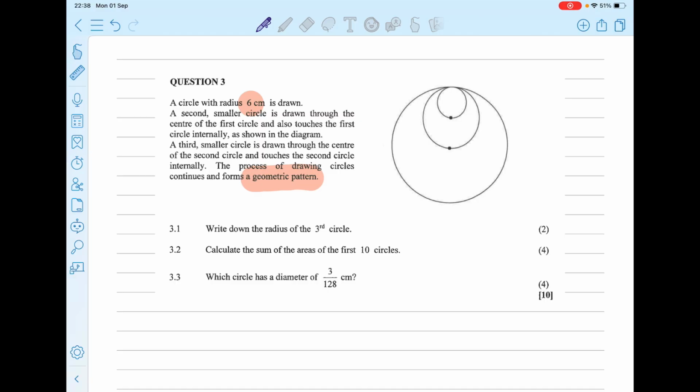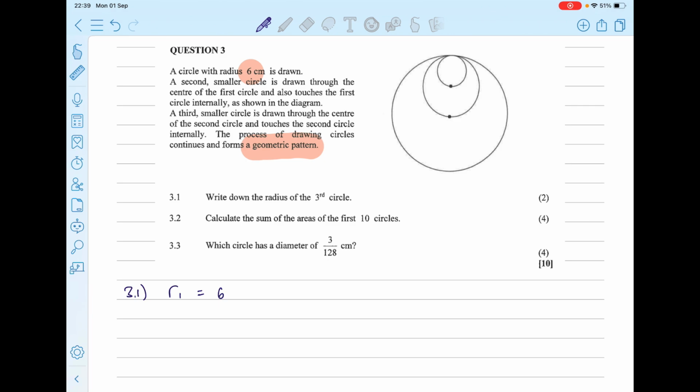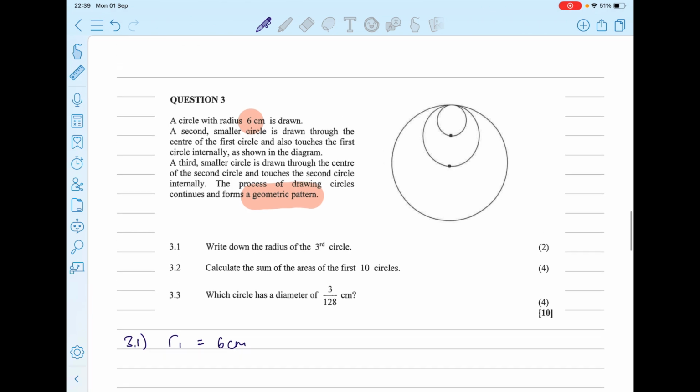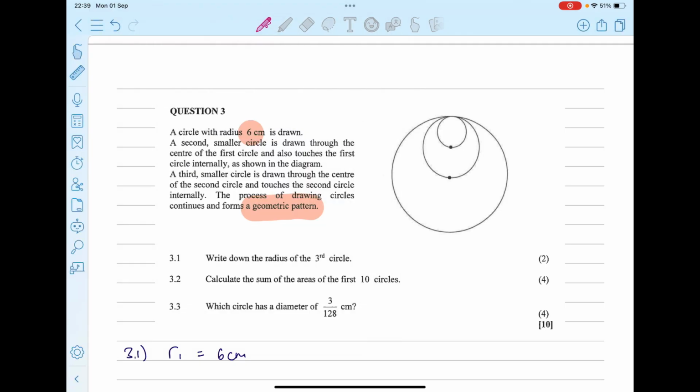They said write down the radius of the third circle. All right, so 3.1. The radius of circle 1, I'll call it R1, was equal to 6 centimeters. Looking at our circle, that will be from the center of the big circle all the way to the circumference. This is the 6 centimeters.